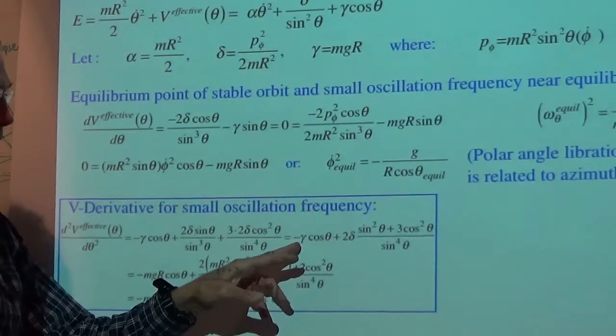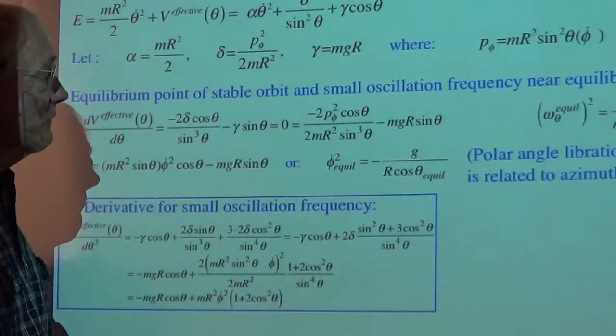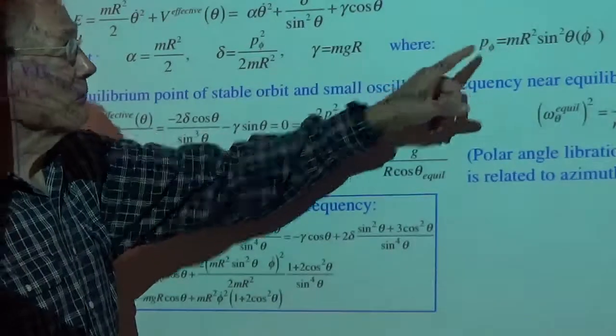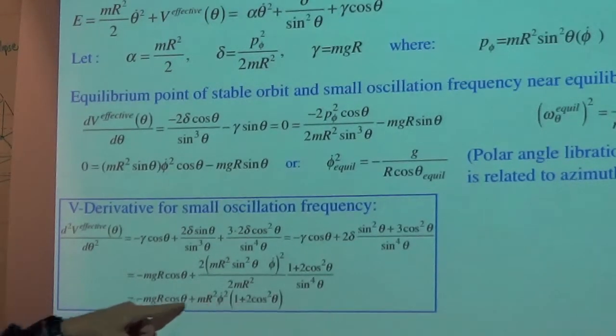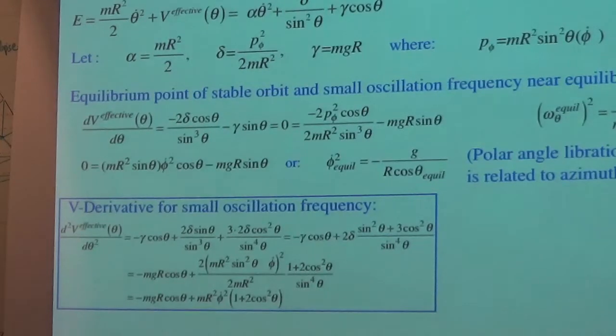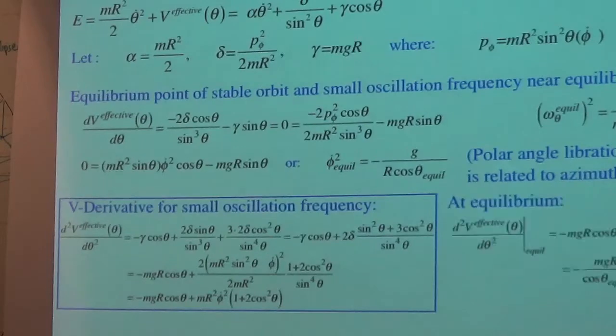We've got a certain value for the gravity, a certain value for this delta that involves the quantum of angular momentum for phi. And it comes out not too complicated. It comes out looking like that. That's not bad. It's a nice cosine squared of theta dependence with the phi dot squared right there. And then the gravity is just multiplying cosine, as it has been everywhere here. So the main stuff that's coming from that derivative is right there.